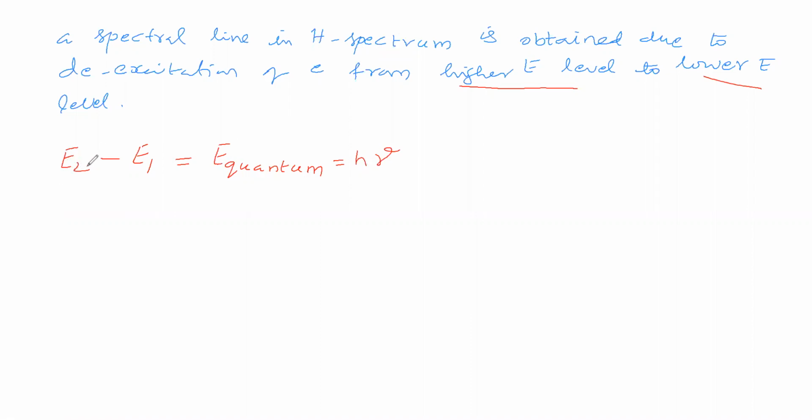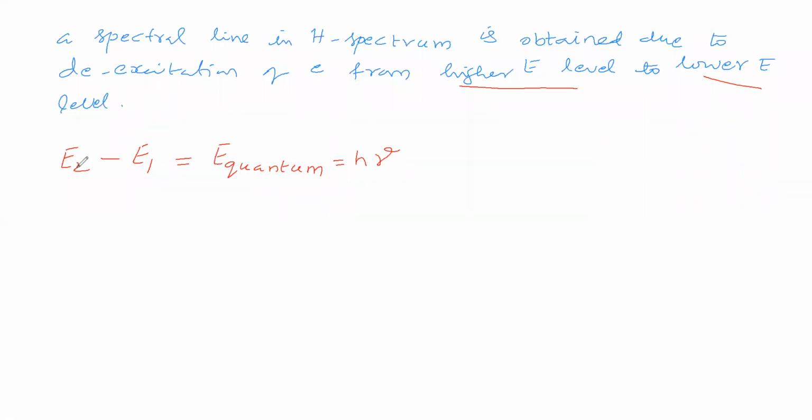This higher energy level value we will substitute. Higher energy level means the energy of the electron in this level. E2 means the energy of the electron in this level. What is the formula to find the energy of an electron?